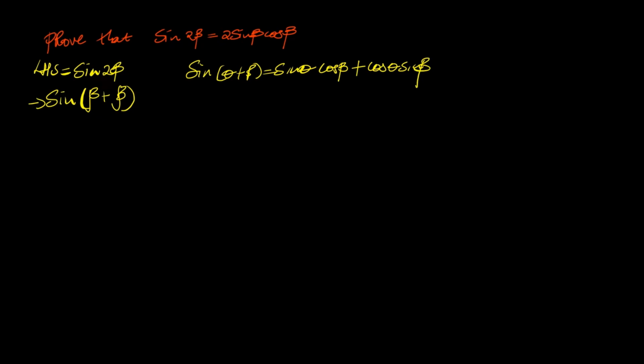So moving forward, we are going to write this as sine beta multiplied by cos beta plus cos beta multiplied by sine beta.